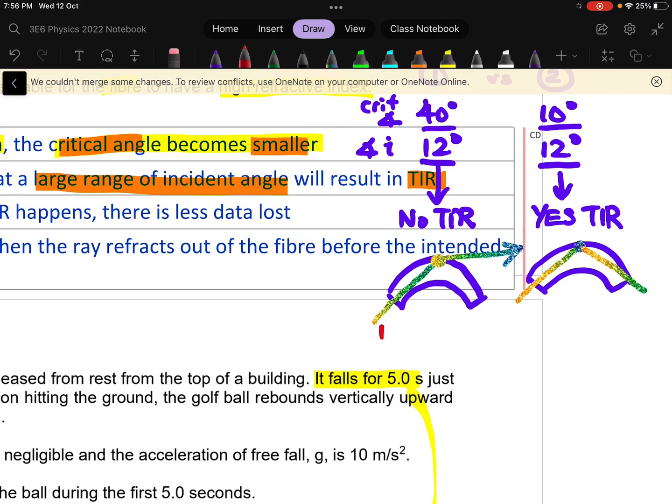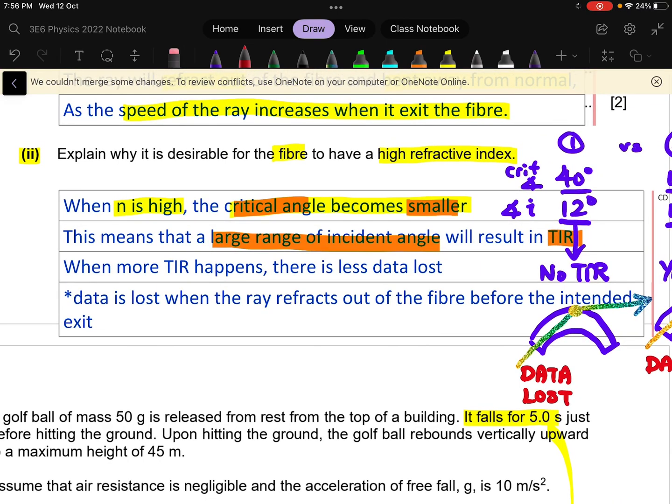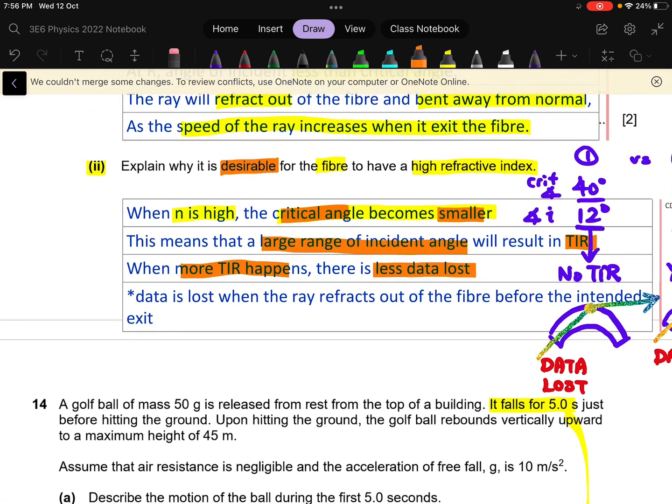So if your light ray escapes from the optical fiber, basically you are going to lose the data. So therefore, in the context of optical fiber, you want TIR. With a smaller critical angle, you are going to get more TIR happening. And why is it desirable? Because with more TIR happening, you will have less data loss. Okay.